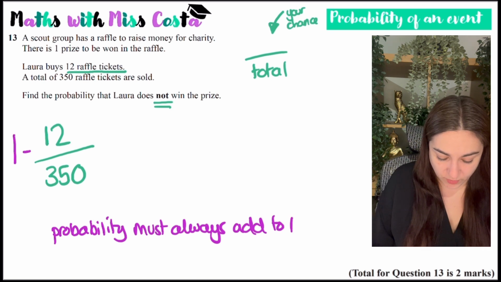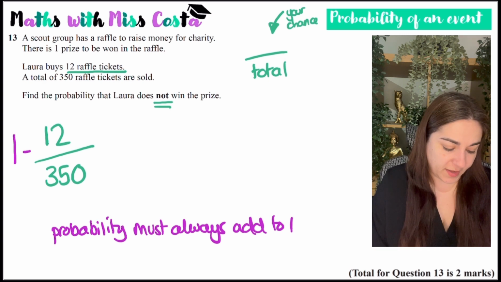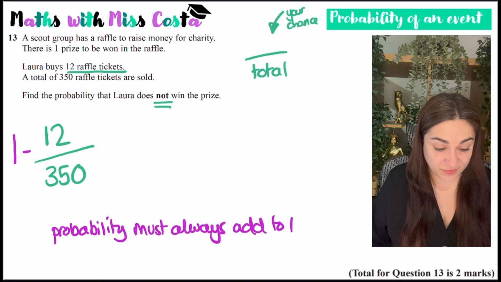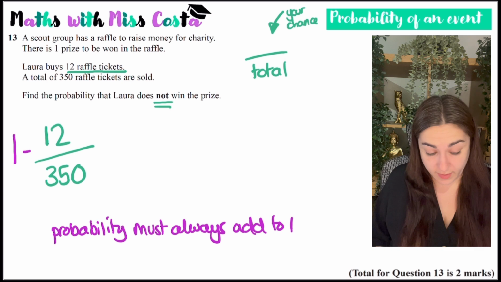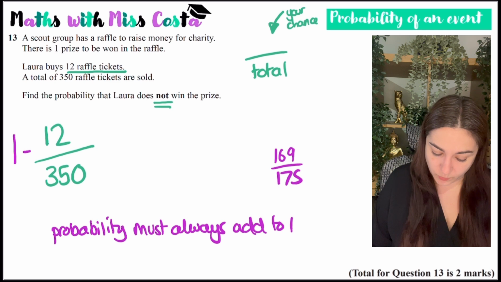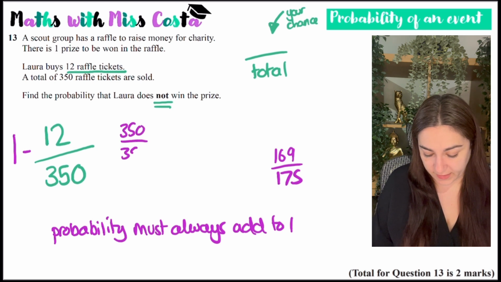You could just do 1 take away 12 over 350. And if you type that into your calculator, you'd end up with 169 over 175, which would be fine. So 169 over 175, it's been simplified. Or what you could do is, you know that there are 350 raffle tickets in total.